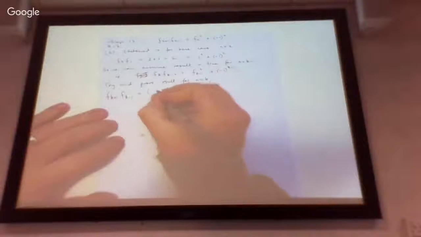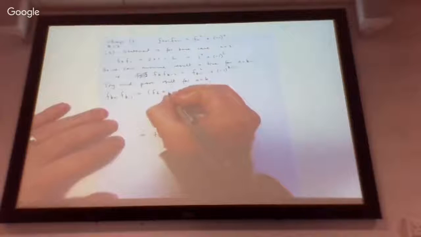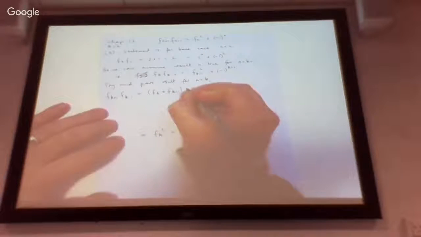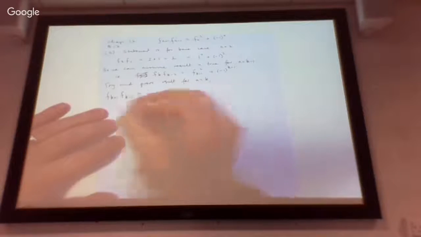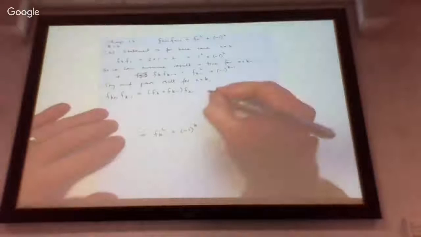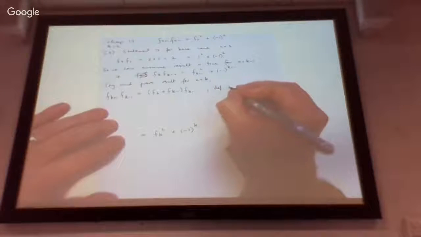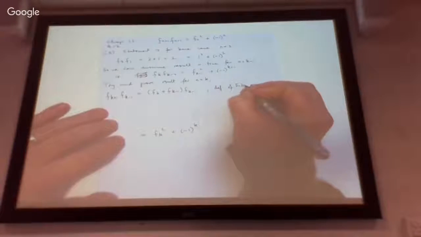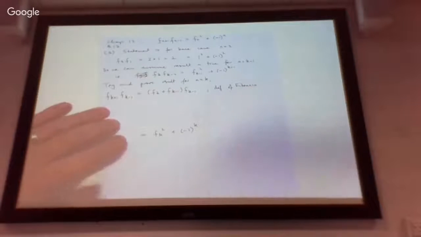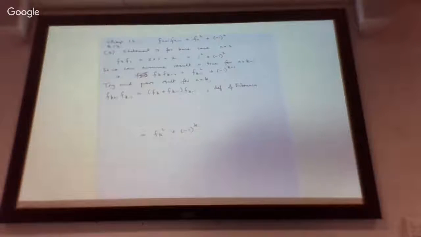So using the definition of the Fibonacci sequence, f_{k+1} is just the sum of the previous two. That's multiplying f_{k-1}. So this is just by definition of the Fibonacci sequence, the sum of the previous two.